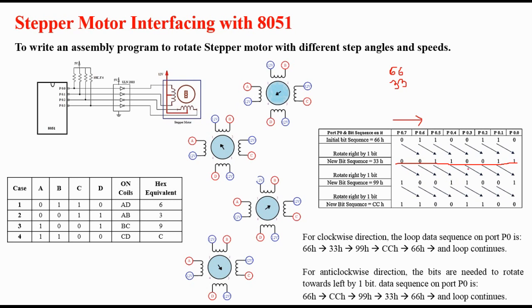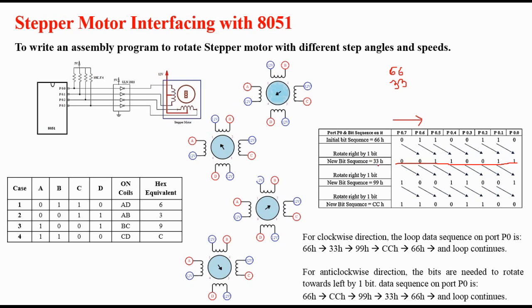So in this way each and every bit will get shifted towards right, and the last bit will come over here, because we are using the instruction RRA, rotate right accumulator. RRA is the instruction. So rotation means all the bits will get shifted and the last bit will come at the first location, or the first bit will come at the last location. This is how the rotation will happen.